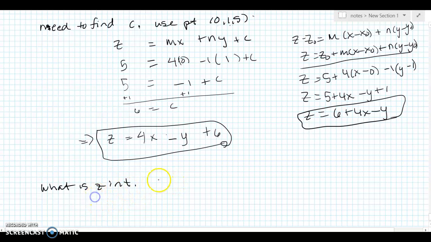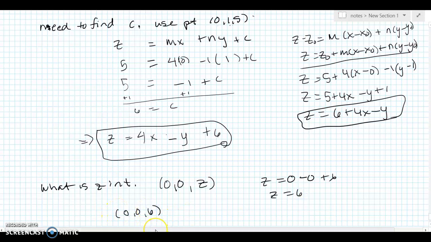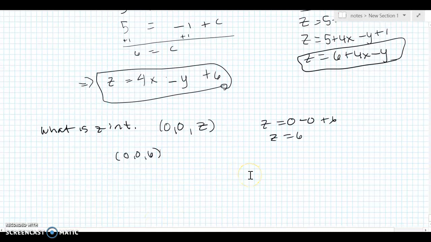A z-intercept would cross the z-axis, and the other values would be 0. So we're searching for the point 0, 0, z. So z equals, x is 0, y is 0, 6, so you just get z is 6. So the z-intercept is 0, 0, 6.